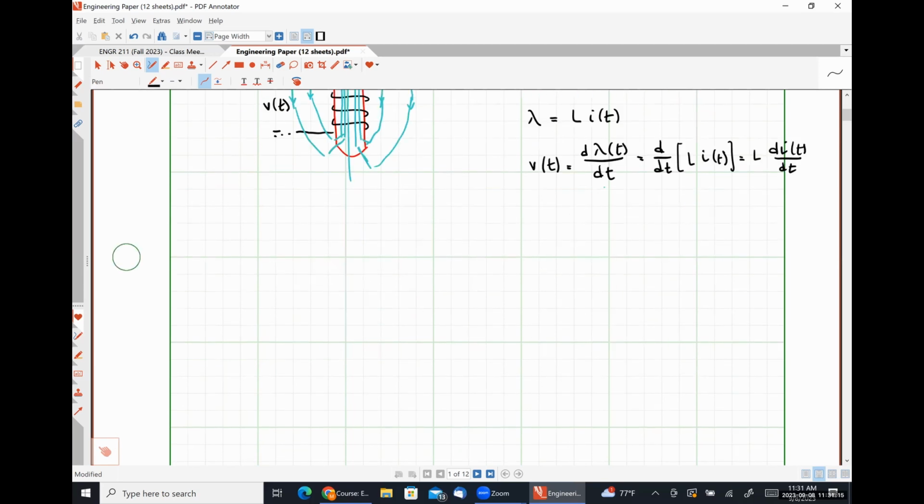So if we had a system where we had some sort of source connected to a coil, I'll draw my coil over here.